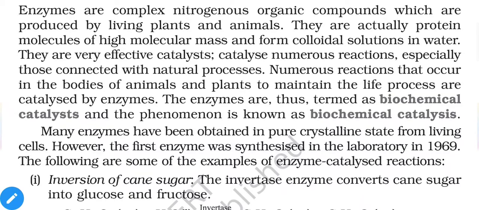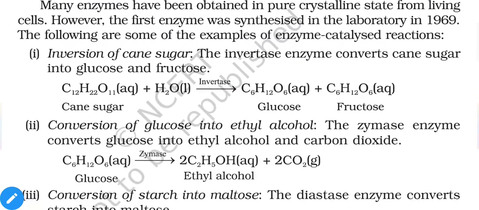So these types of processes are extremely slow without the help of catalysts. Many enzymes have been obtained in a pure crystalline state from living cells. However, the first enzyme was synthesized in the laboratory in 1969. The following are some examples of enzyme catalyzed reactions.